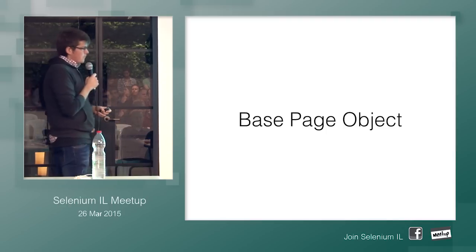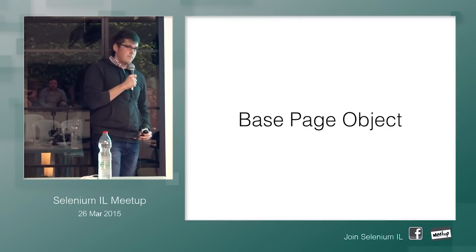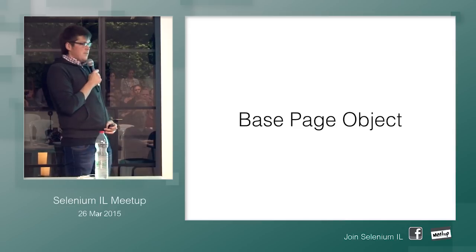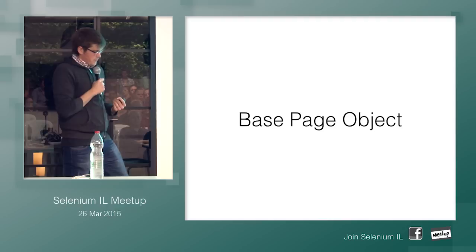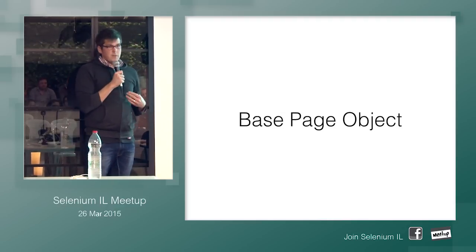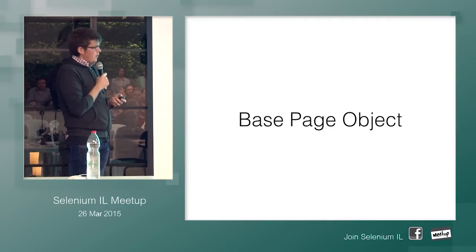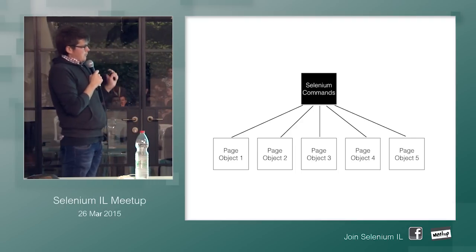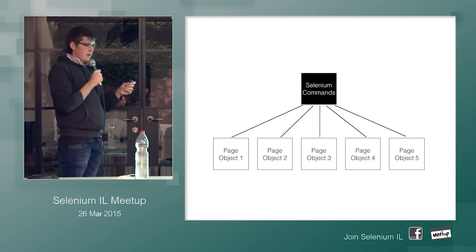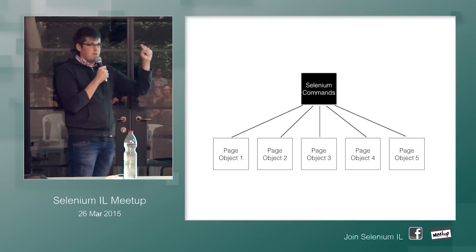And there's one more that a lot of companies either have some variation of or just don't do. I call it a base page object. It's essentially an additional facade layer. Some companies call it a Selenium wrapper. Some might just call it a base util class. But whatever you call it, here is what it is. Right now, if we keep going the same path of how we're writing page objects, we would be writing Selenium commands directly in all of our page objects.